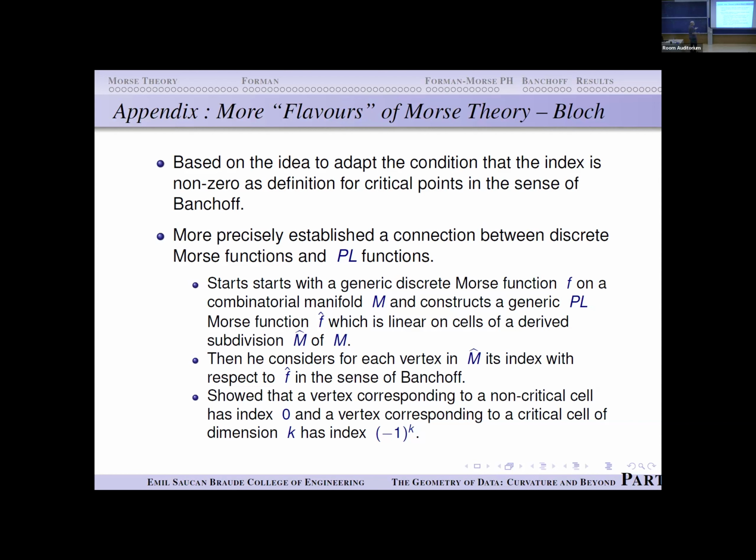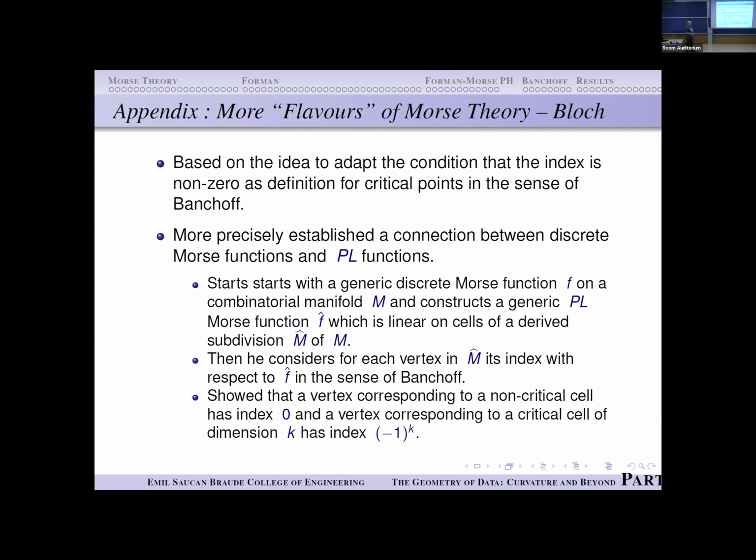He starts with a generic discrete Morse function on a combinatorial manifold, and then constructs a generic Morse function corresponding to it, which is linear on the cells of a barycentric subdivision of M. So he passes from a generic Morse function to a piecewise linear Morse function, also generic, and this allows him to do all these things.